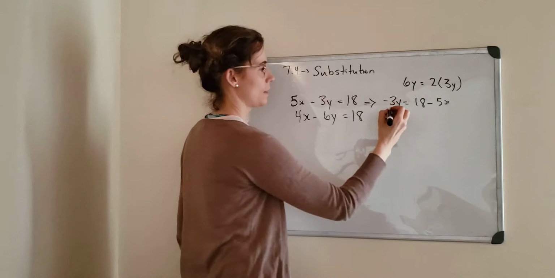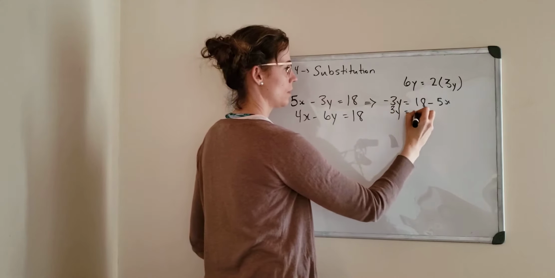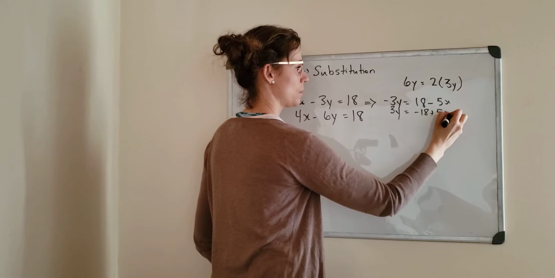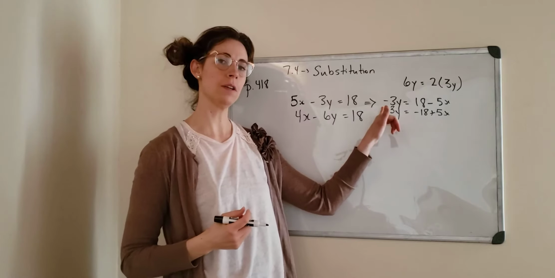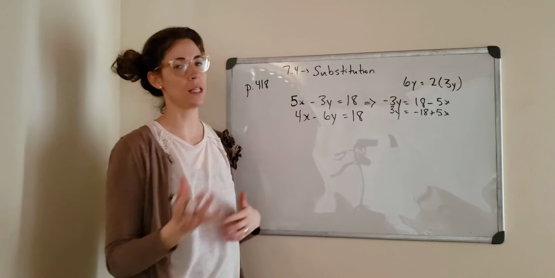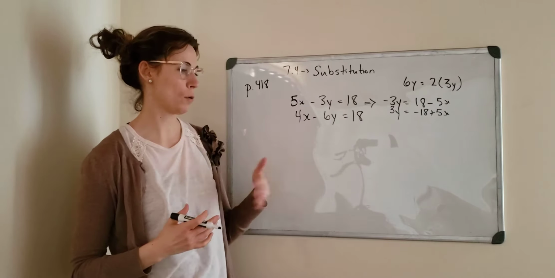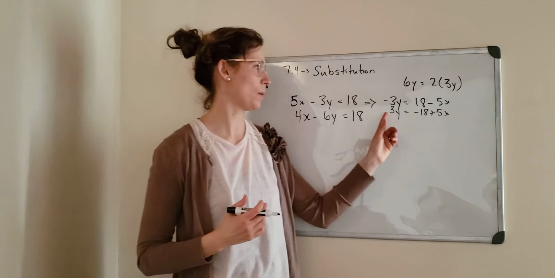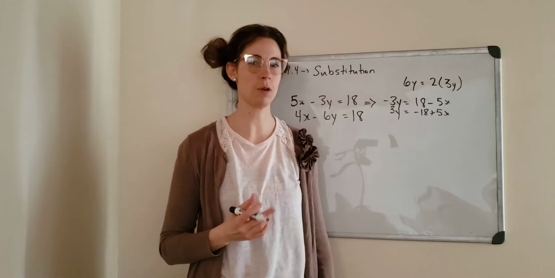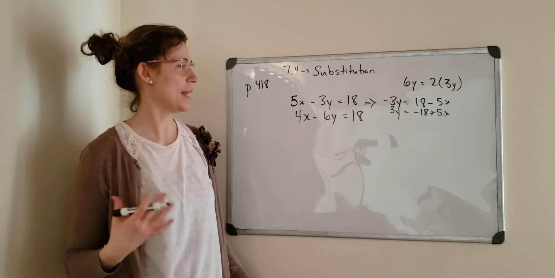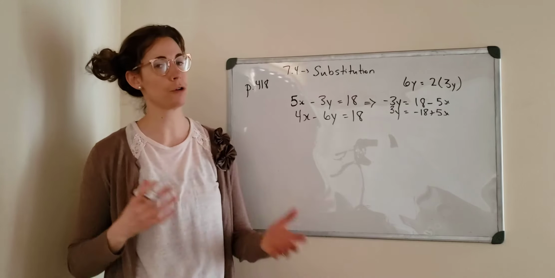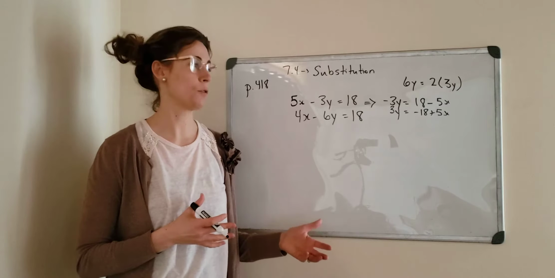So let's get this 3y to be positive. We talked about this in class before, but if I want my number here to be positive, I can multiply both sides by negative 1, and all that does is flip each sign to the opposite. So you can also just flip each sign, because we know that's what happens if you multiply by negative 1 on both sides. Remember, whatever you do to the left side, you can do to the right side and it will remain equal.